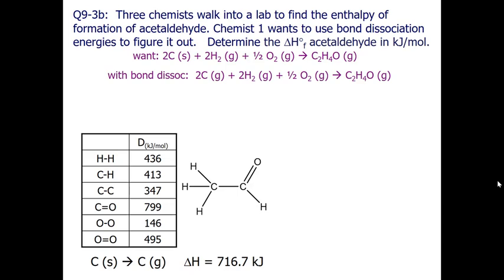So what we're going to have to do is calculate this reaction with carbon in the gas phase and then make a correction using Hess's law to figure out the reaction we actually want, where carbon is in the solid phase. So remember that the reaction is bonds broken minus bonds formed.